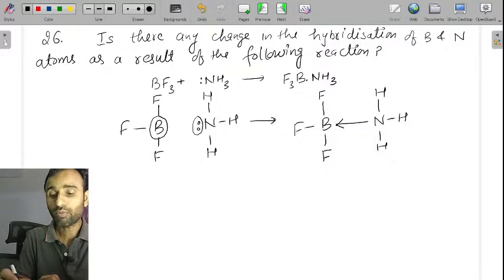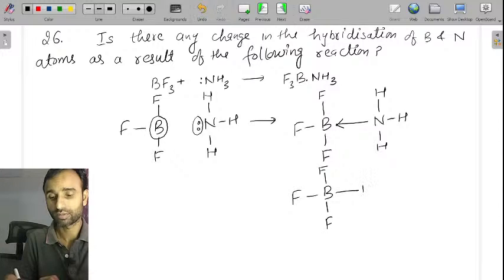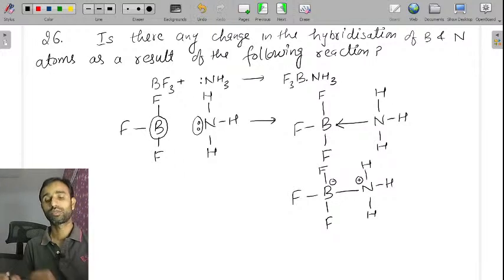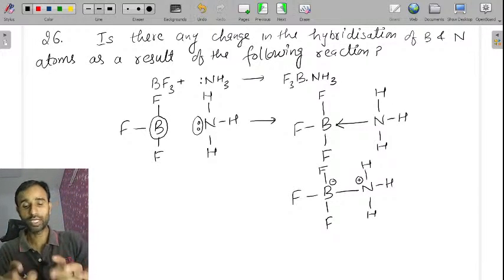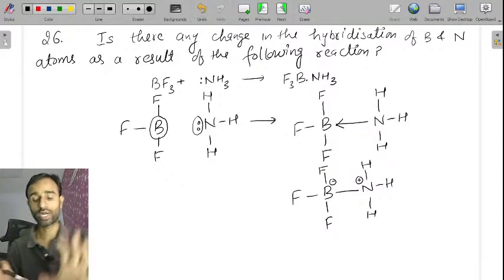So there is a formation of a coordinate bond between boron and nitrogen. It can also be represented like nitrogen with positive charge and boron with negative charge. So these are the ways to represent the coordinate bond.